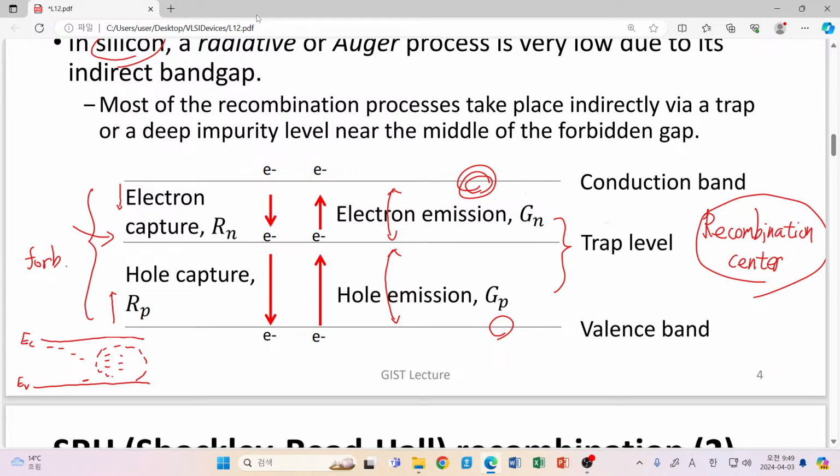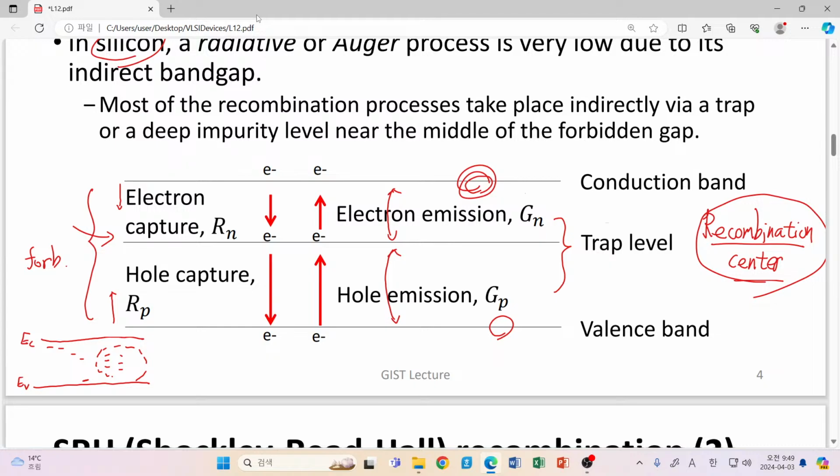And this deep state can act as a recombination center, and when you have this recombination center, that is critically bad for your electronic operation. So you don't want to introduce this kind of impurities into your system, because that will kill your device.